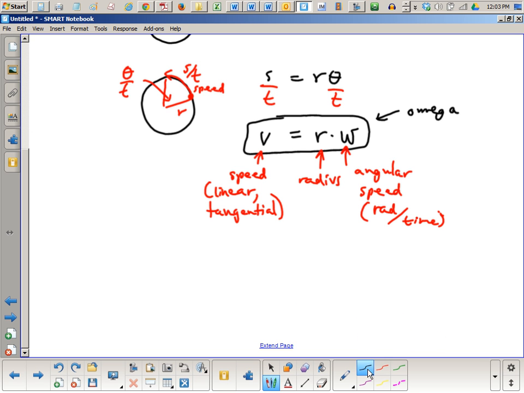This was a little bit harder to grasp because we're talking about something moving, and I can't really draw something literally moving for you. So what I'd like to do is just do an example.